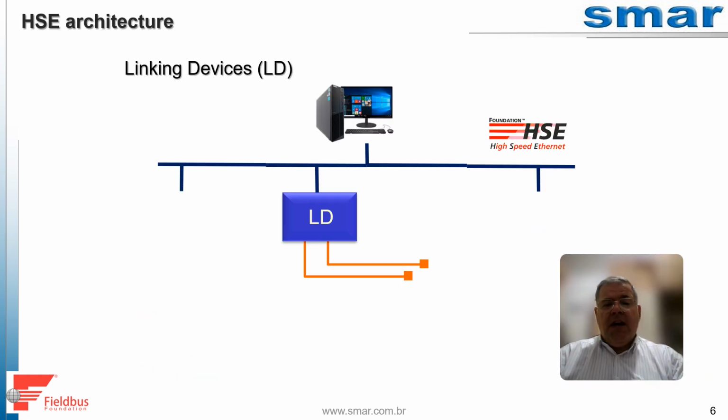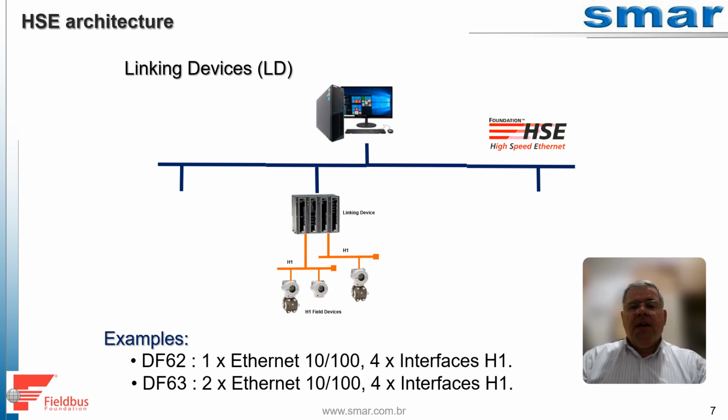The link device is the equipment that will create the bridge. It will make the connection between the host, the Ethernet network, and the channels of the field equipment. As examples of link devices, we have the ADF-ME-A2 with an Ethernet channel and 4 H1 channels for the Foundation Fieldbus network.